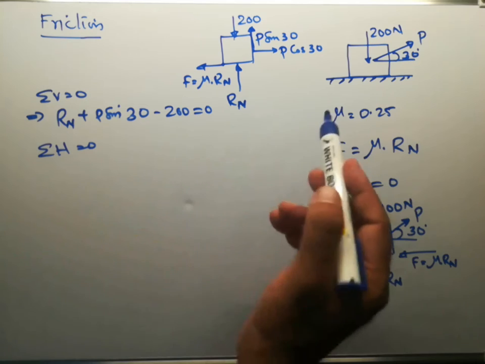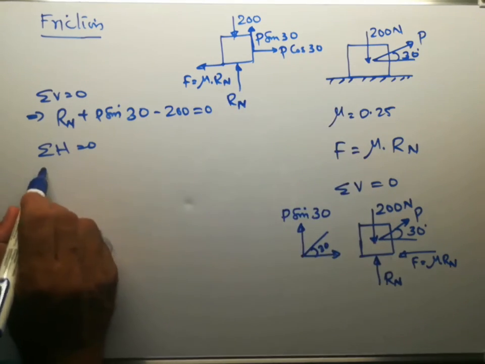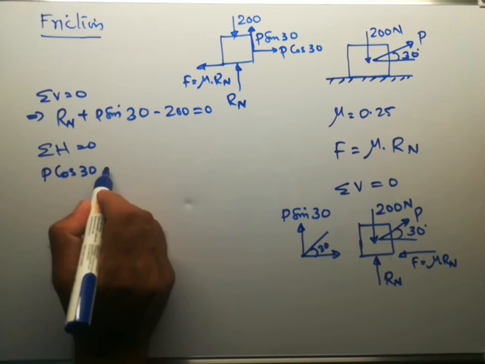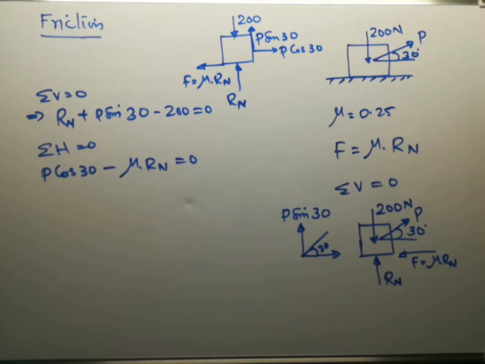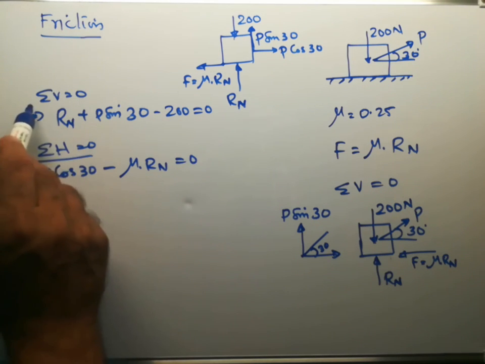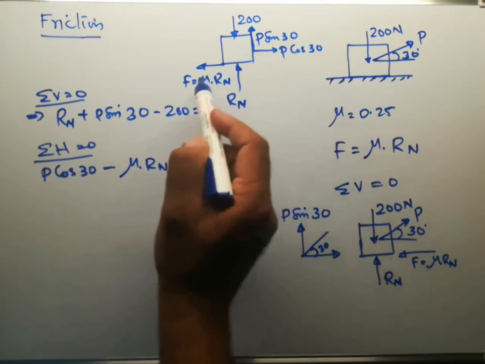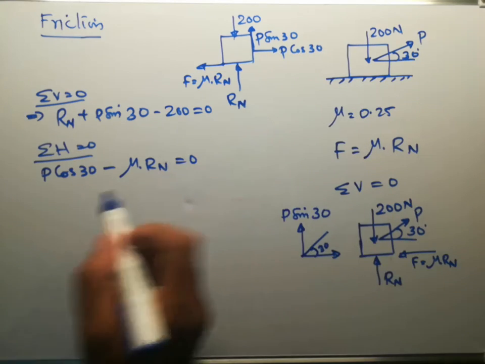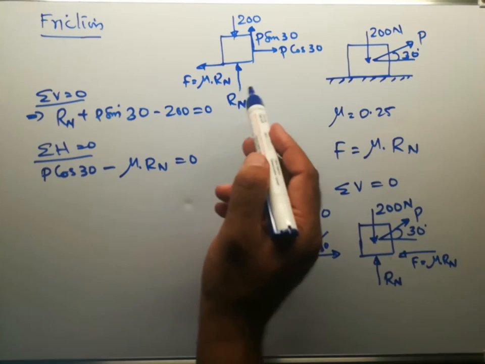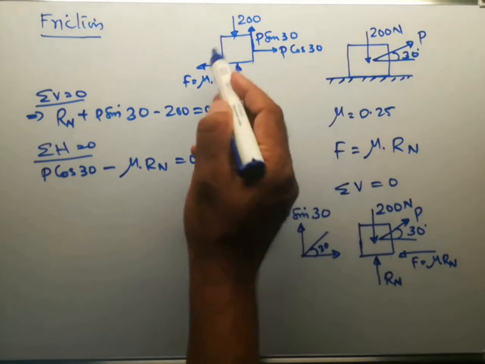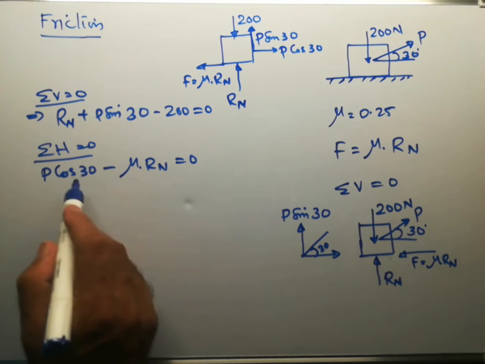What are the forces in the horizontal direction? Two components are there, F and P cos 30. So P cos 30 minus mu into Rn equal to 0. Why did we assume this? Because under the action of the frictional force and the horizontal component of P, this body is in equilibrium at this moment. In the next moment it may move, because this force will overcome the limiting friction. So this is the second equation.